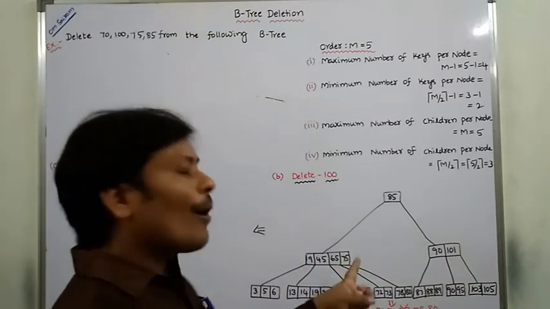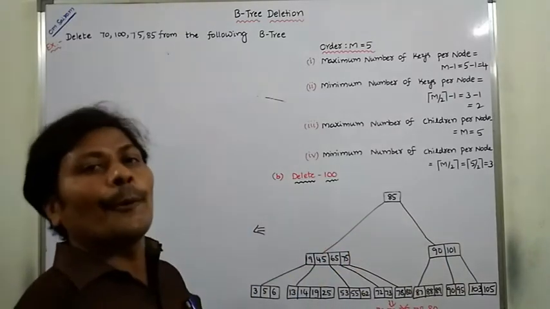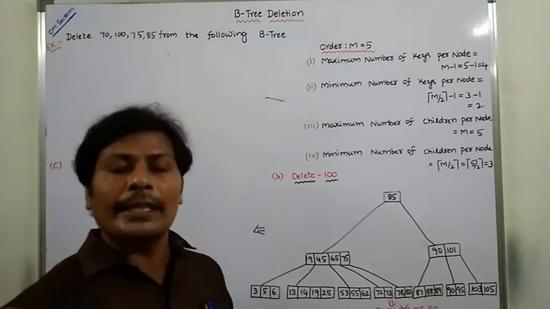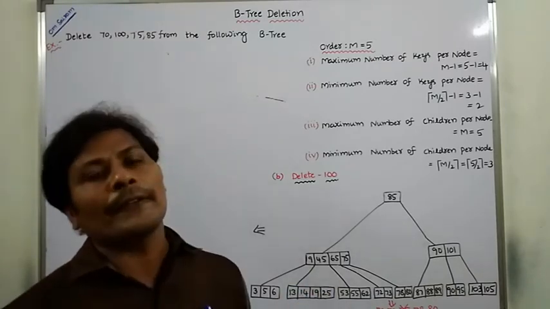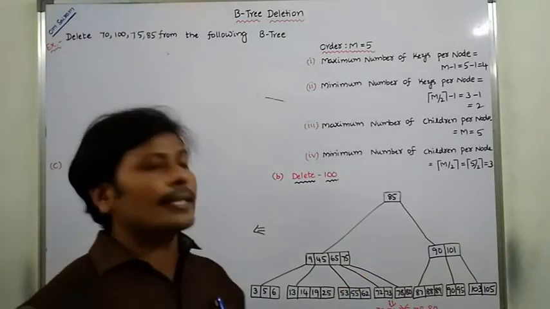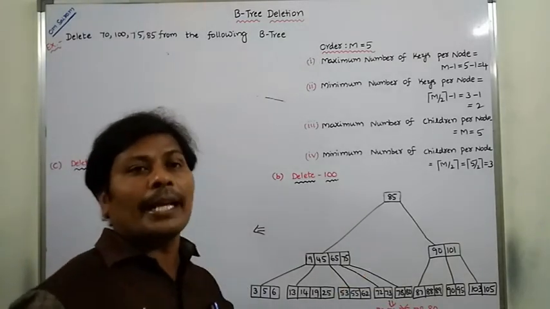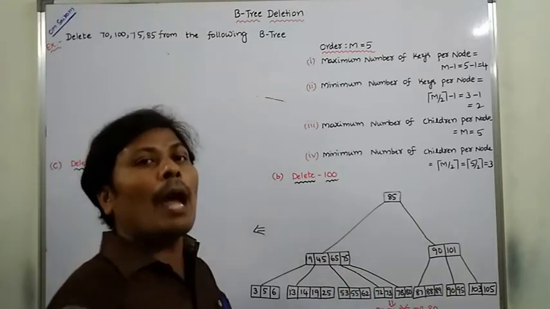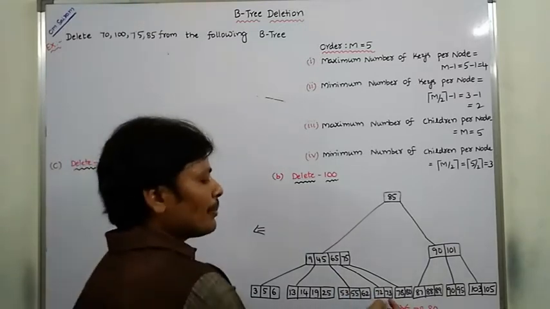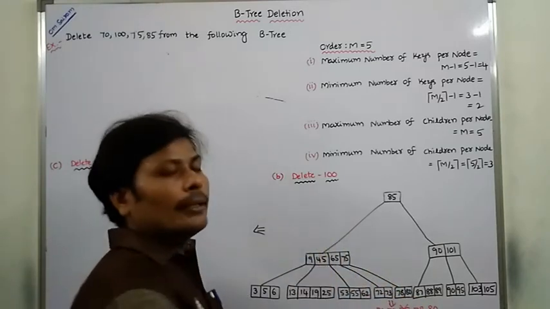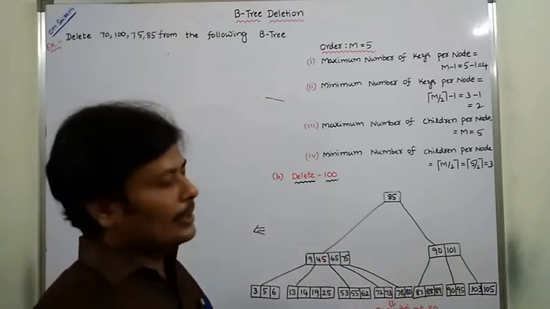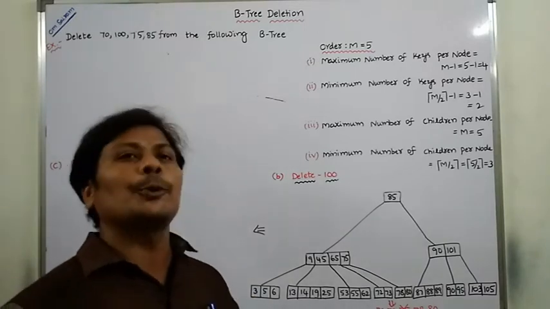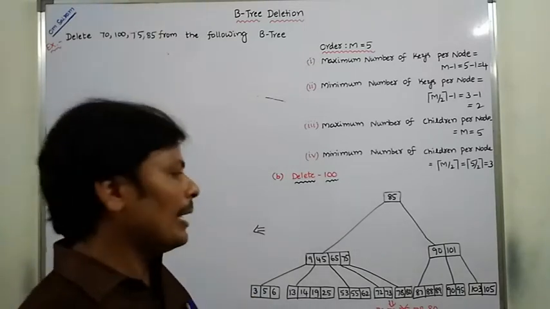This operation can be done only if the in-order predecessor side, the left subtree, contains the minimum number of key elements and the in-order successor side, the right subtree, also contains the minimum number of key elements. At that time we have to merge the left subtree with the right subtree including the parent. Once the merge operation is done, we delete the target key element.